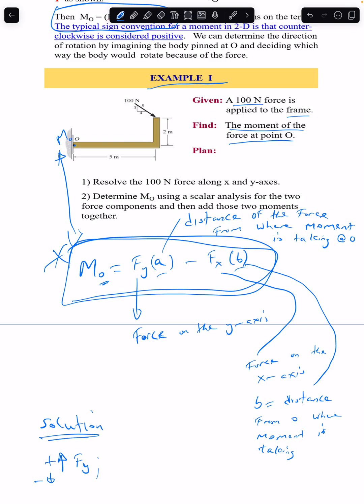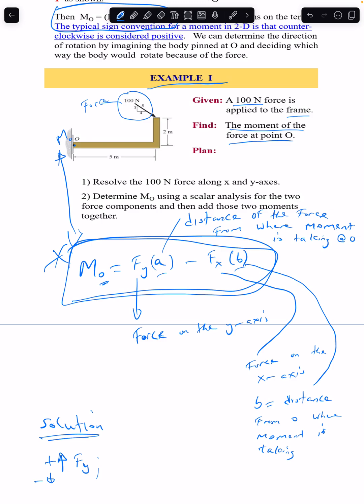It therefore means we have to resolve this. This is actually the force, and it has an inclination with hypotenuse 5, and the force acts on 3 along the y-axis and on 4 along the x-axis.